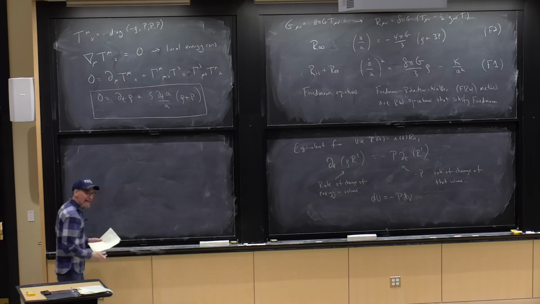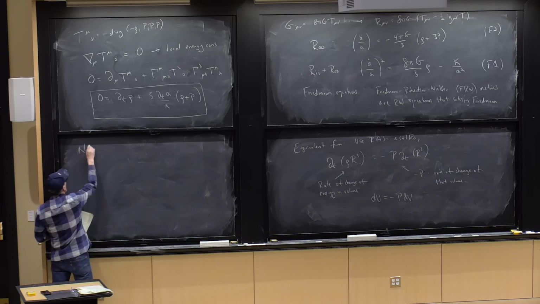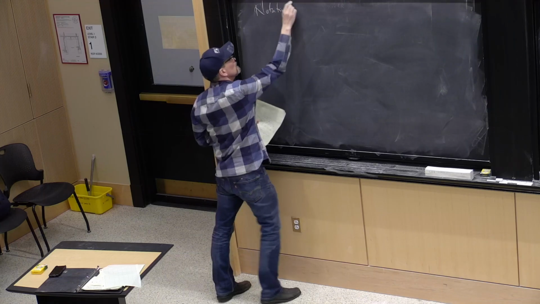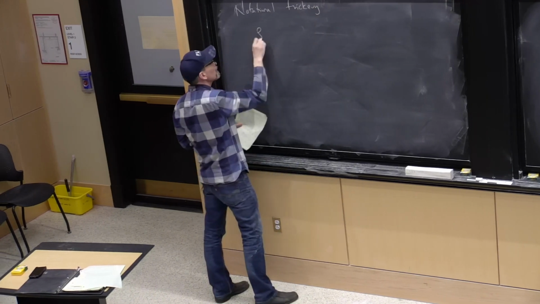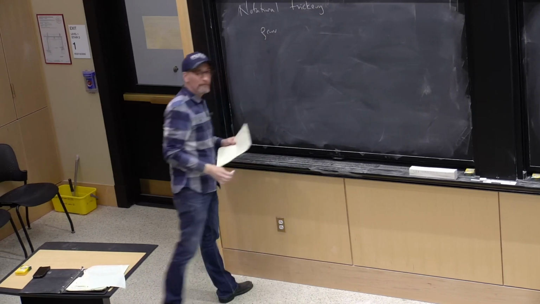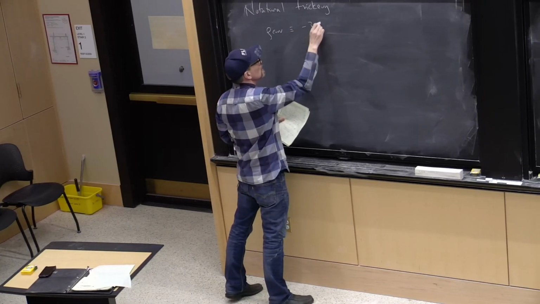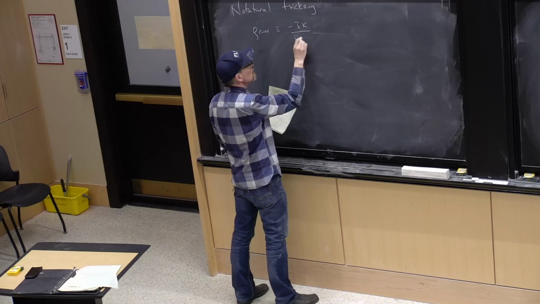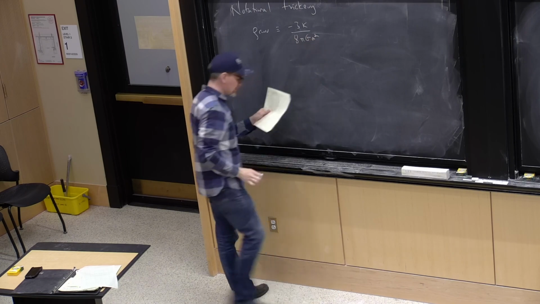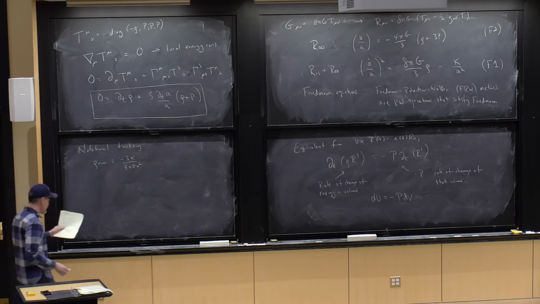First, this isn't that important for our purposes, but it's something that some of you students will see. A little bit of notational trickery. It's not uncommon in the literature to see people define what's called a curvature density. You just combine factors of kappa, G, and the scale factor in such a way that this has the dimensions of density.